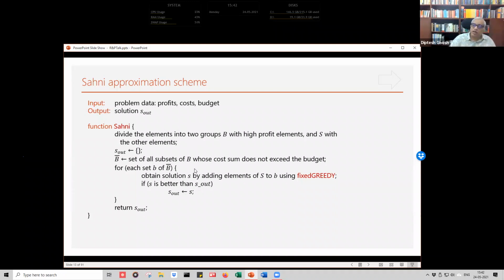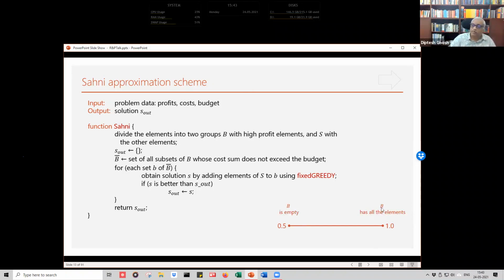So as soon as the cardinality of B increases, the number of groups with which you will have to do this is going to increase. So if you have a lot of time, you would put all elements in the big group B, in which case you will find out all different combinations of elements that are possible and then choose the best, in which case you'll have the optimal solution.